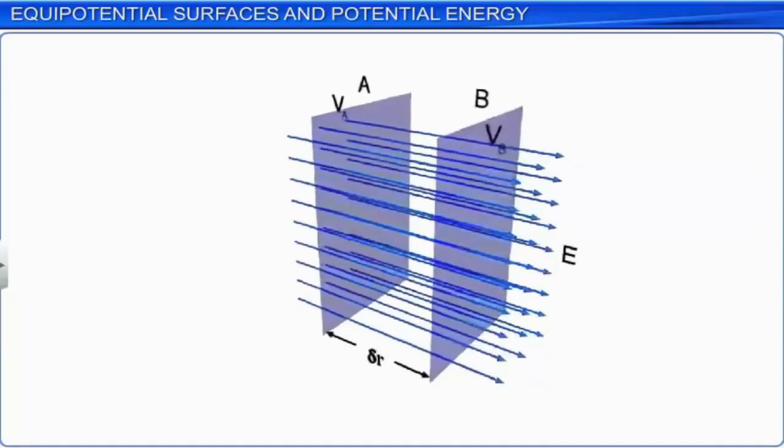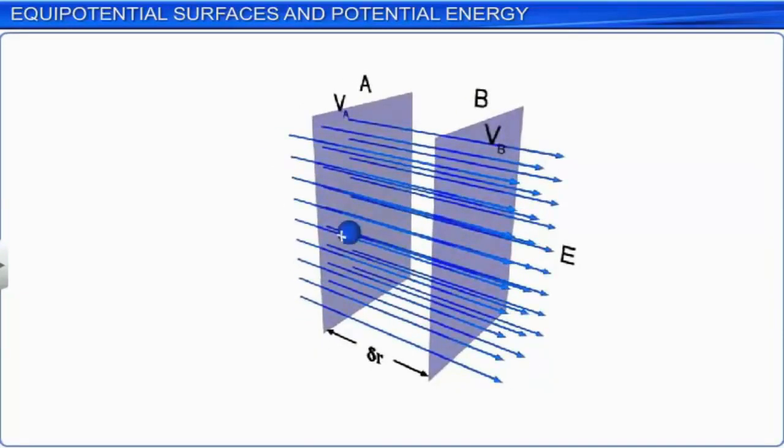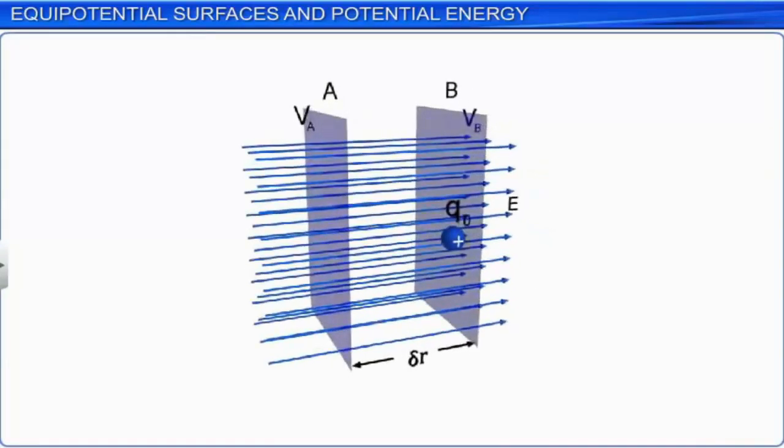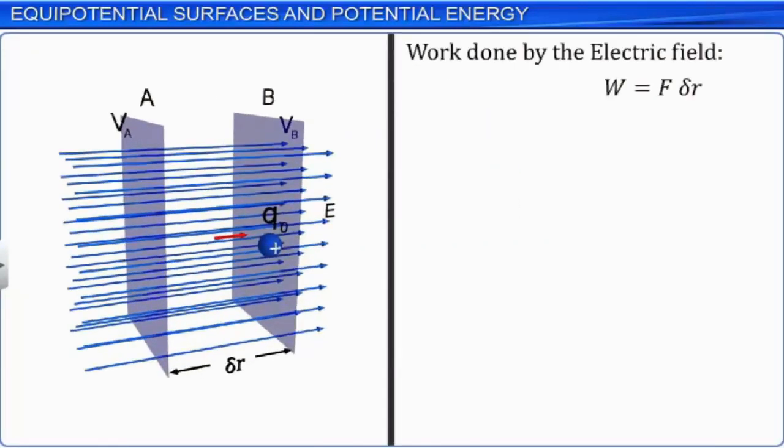Let us consider a unit positive charge Q0 on the surface A. Suppose the unit positive charge is displaced from surface A to surface B in the direction of the electric field. The work done by the electric field W is equal to F delta R, where F is the force due to the electric field on the unit positive charge.